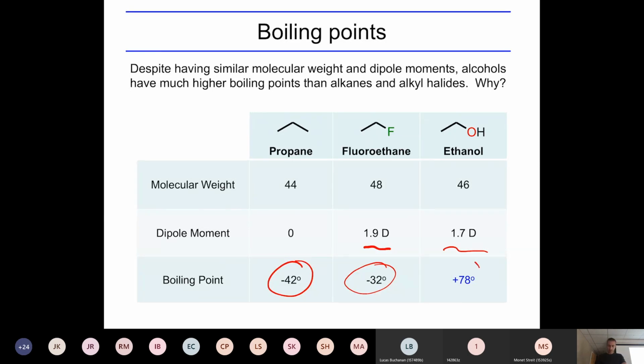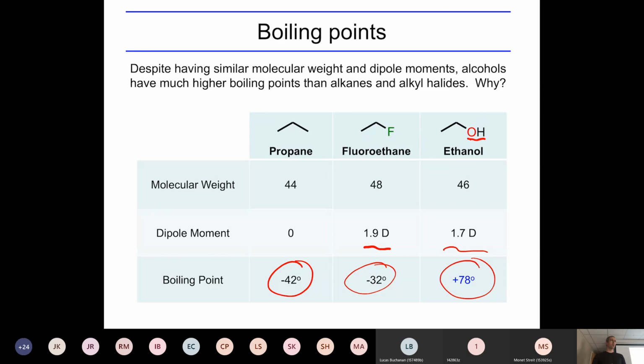But then going to ethanol, look, it jumps up over 100. So going from something that's very polar to something that's polar with hydrogen bonding causes this huge jump in its boiling point and in its water solubility. So keep in mind, look for OHs and NHs when you're thinking about these sorts of things.